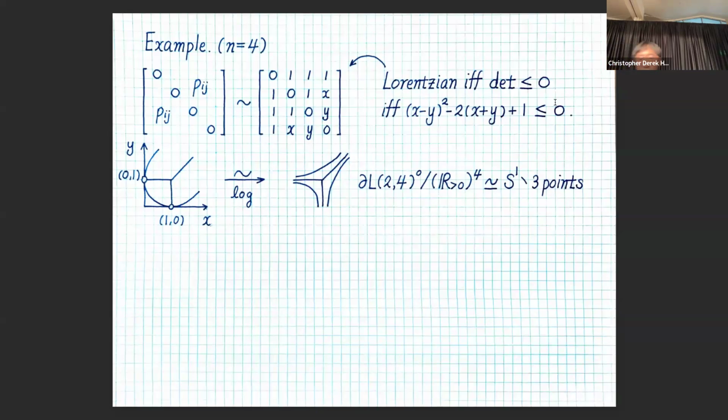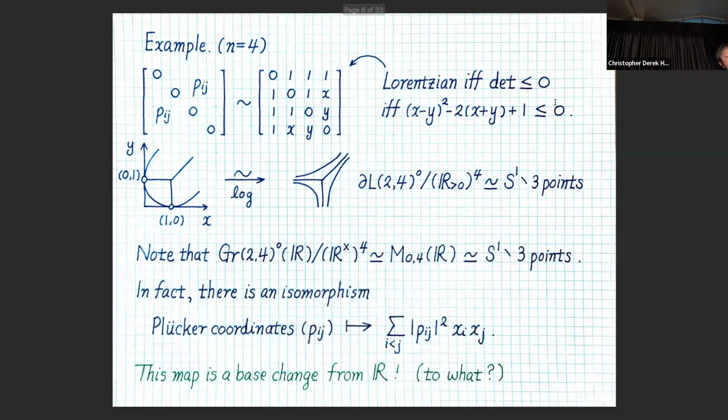What is this space? I claim that this space is a very familiar Grassmannian, the Grassmannian 2,4 over the real numbers. So not a funky Grassmannian, the usual Grassmannian. And then I'm going to scale out the 4 torus actions.